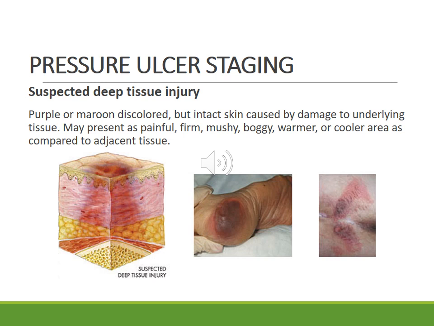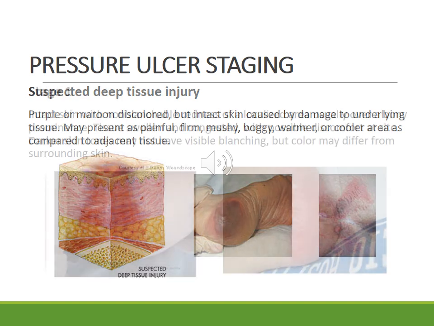So as you can see with these pictures, you see that dark maroon, especially in the middle one there, that dark maroon purplish color. We would stage this as a suspected deep tissue injury, and this is a stage that is considered a pressure ulcer.